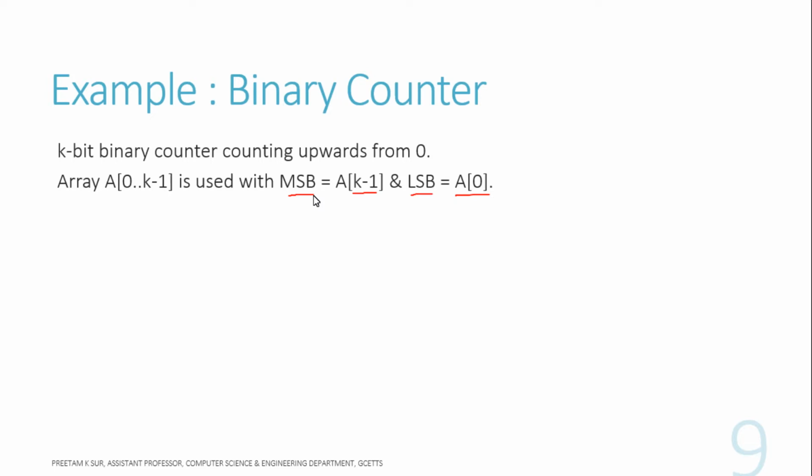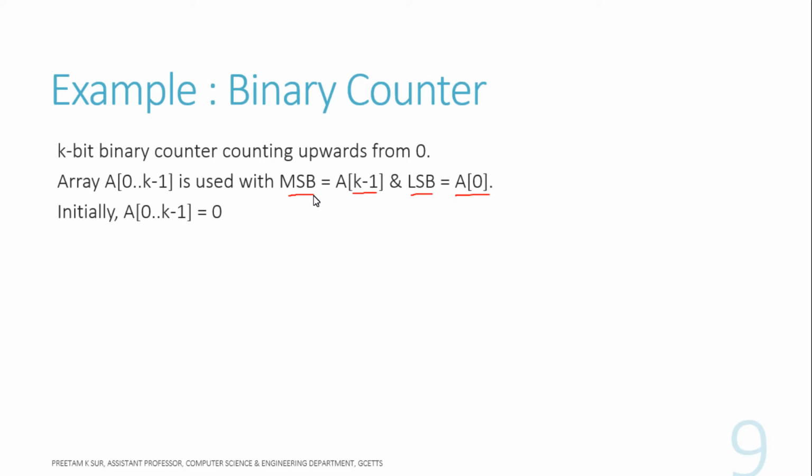Now this array will basically contain nothing but the binary digits 0 or 1. So each element of this array can be either 0 or 1, which basically represents the binary counter. Initially we will have all the elements as 0, which will represent the counter value as 0, right?